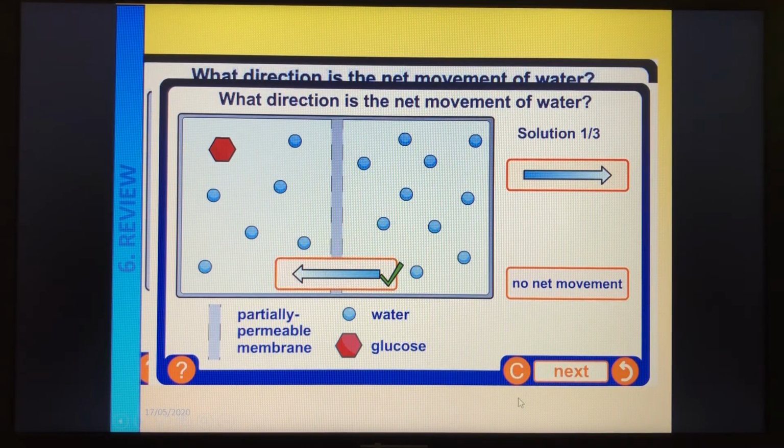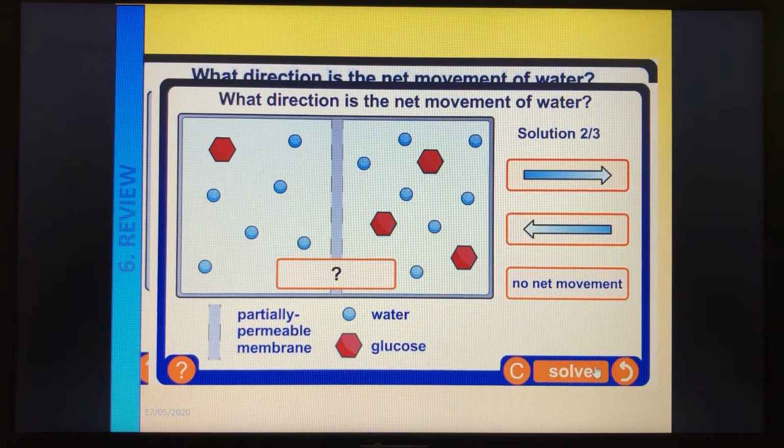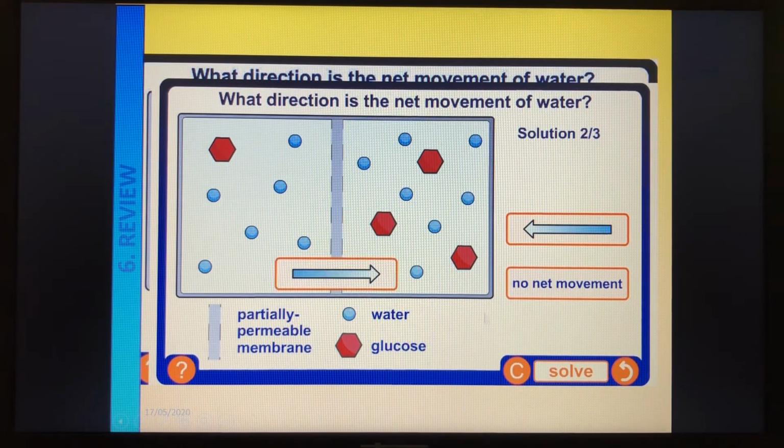Check my answer, yes. Now I've got a high concentration of water on this side compared to this side because this has got higher sugar. So high sugar means low water, low sugar means high water. So I'm looking for this option, this option, and let's check, yep.